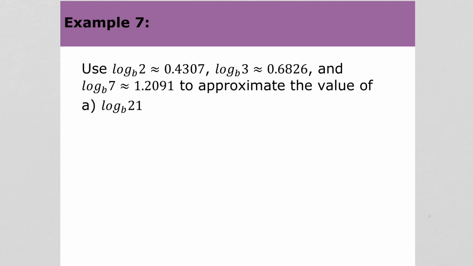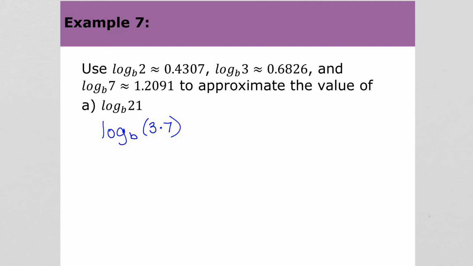Here it says, use the fact that log base b of 2 is 0.4307, log base b of 3 is 0.6826, and log base b of 7 is 1.2091 to approximate the value of log base b of 21. Well, we know that log base b of 21 would be the same thing as log base b of 3 times 7.